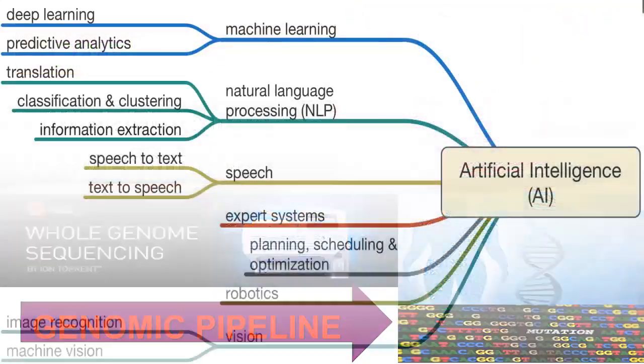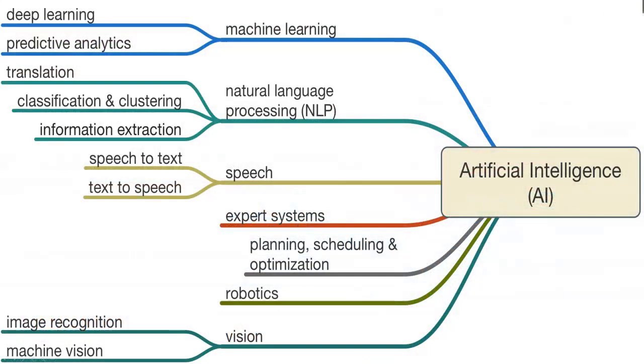So if you think about artificial intelligence, there are different arms of artificial intelligence. You have machine learning, natural language processing, speech processing, expert systems, planning, optimization, robotics, vision. Many of these things have already been used in pathology. We are now starting to use natural language processing.